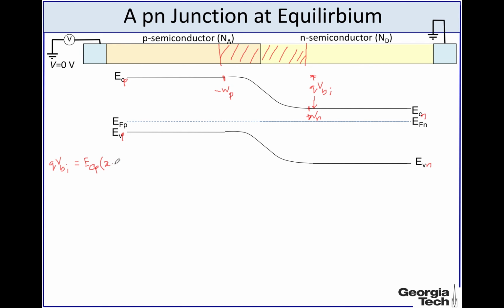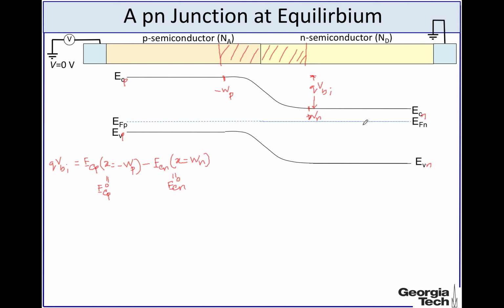So X equals minus WP, and X equals WN. Alright, so let's say we call this ECP naught, and this is what we call ECN naught.